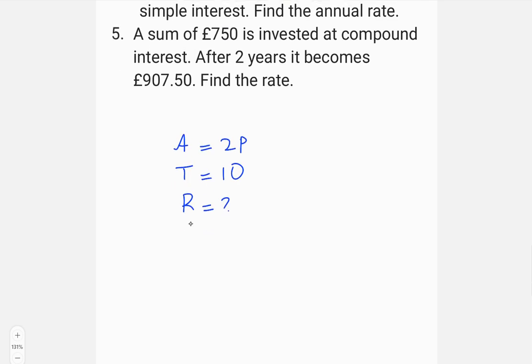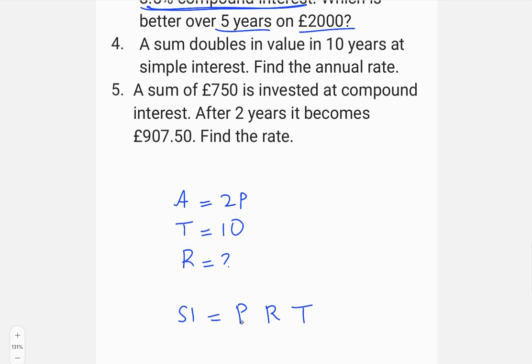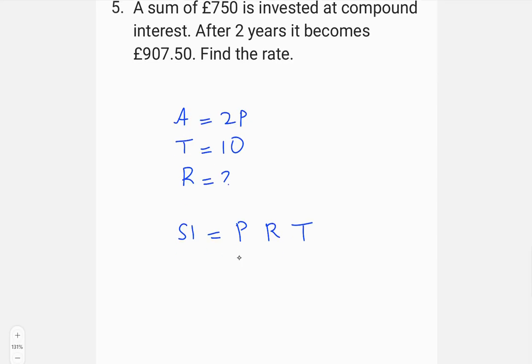Okay, now we know that for simple interest we have P R T. This is the formula. Why am I using the formula for simple interest? Because the question says simple interest. Now, the principal is missing, the rate is also missing, and the time is 10 years.